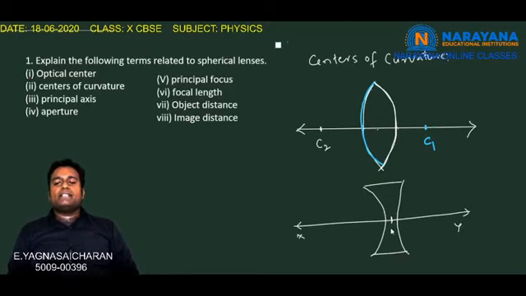Let us place the optic center here. With respect to the first curved surface, the center of curvature will be on the left, and with respect to the second curved surface, the center of curvature will be here. This is all about the centers of curvature.